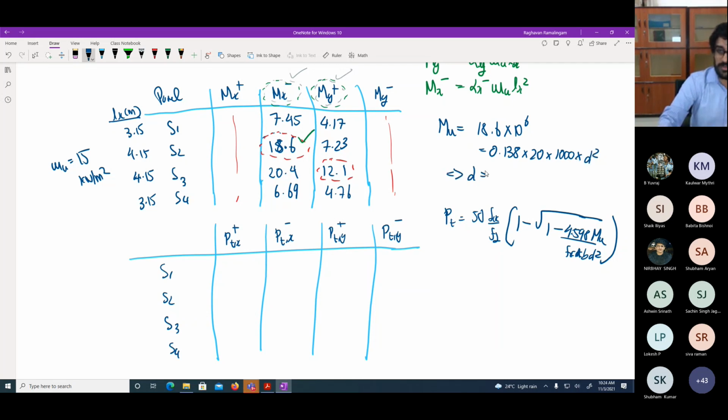The grades of concrete and steel are M20 and Fe415. Find out how much D is required. We should have a depth which is more than this. Actually what we provided will be much more, but anyway you need to check it and show that it has come more.